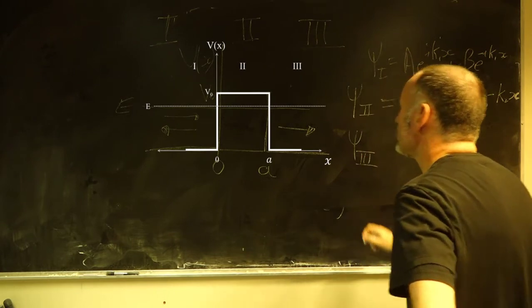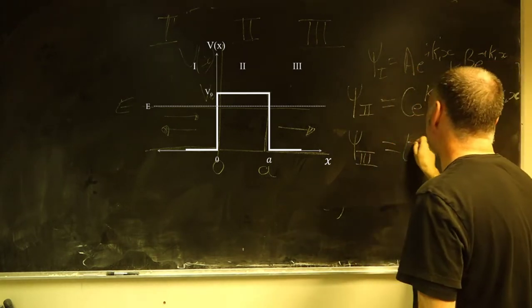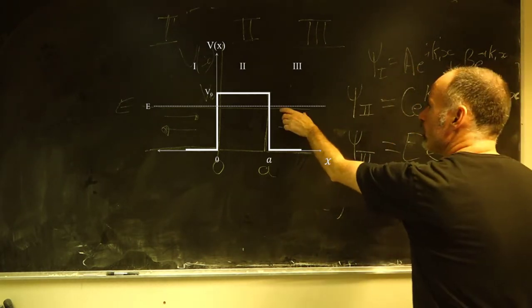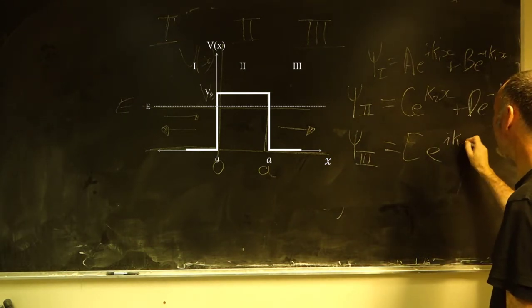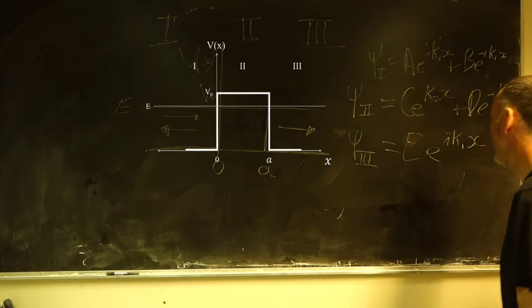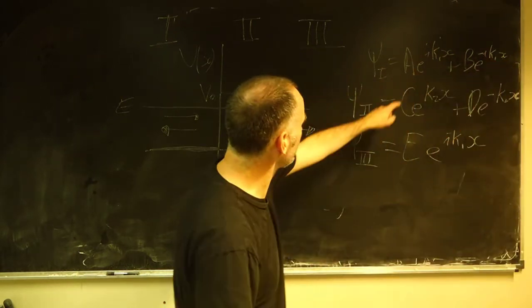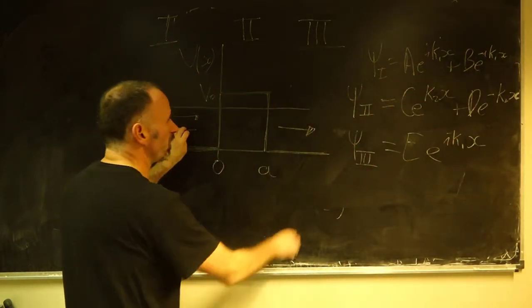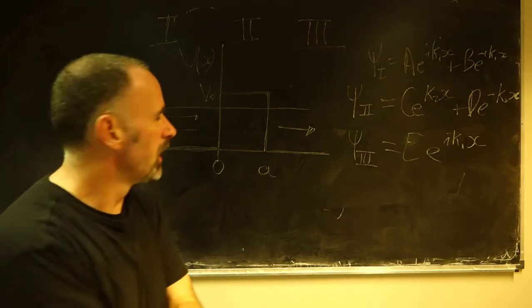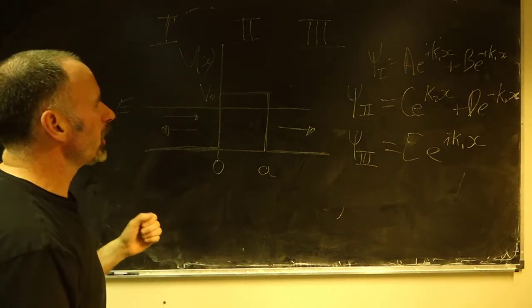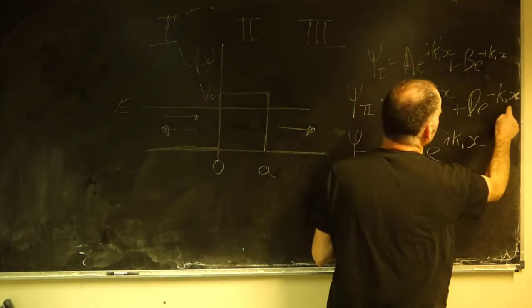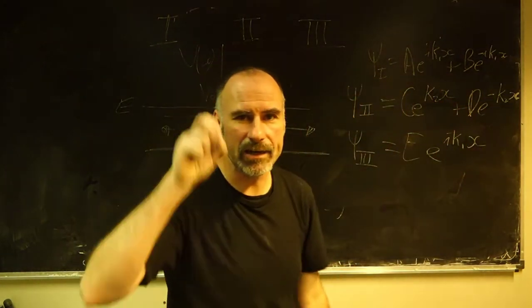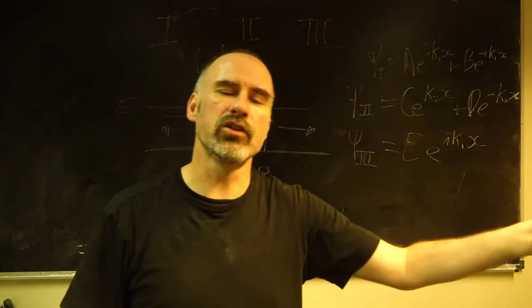And in this region, we're back to the potential being 0, so that means that we can use the same wave number in this region again. Now we could call this k3, but k3 is just equal to k1 because the potential here is 0 and the potential here is 0. Don't get confused, I haven't added in the little prime that I had for the potential step.